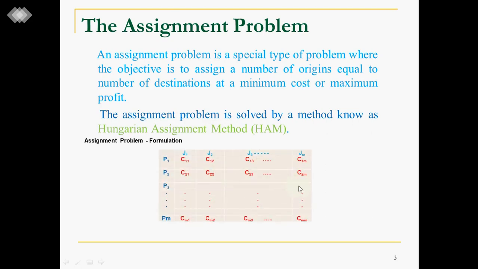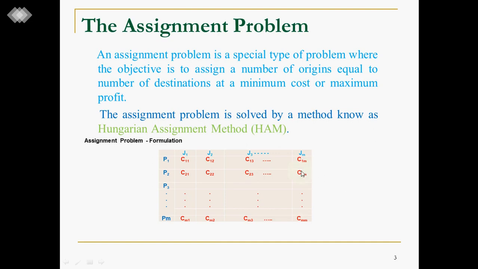Let us understand the general formulation or generic form of an assignment problem. Let us say you have m persons, P1, P2, P3 and so on up to Pm, and an equal number of jobs, J1, J2, J3 and so on up to Jm. Let C11, C12, C13 and so on up to Cmn be the costs of assignments.